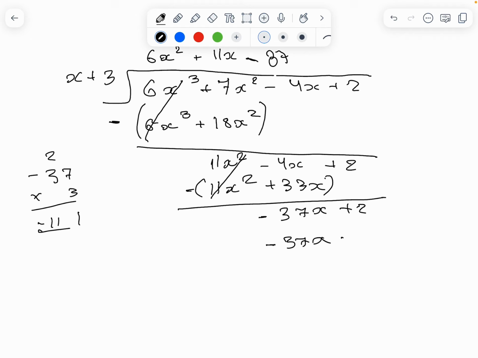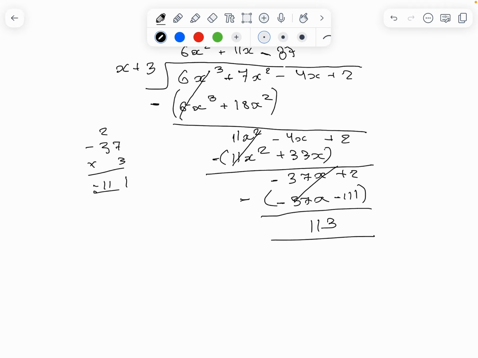Then it would be minus 111 in brackets, negative, this becomes positive, so these two cancel out. That also becomes positive, so this would become 113, and we end there.